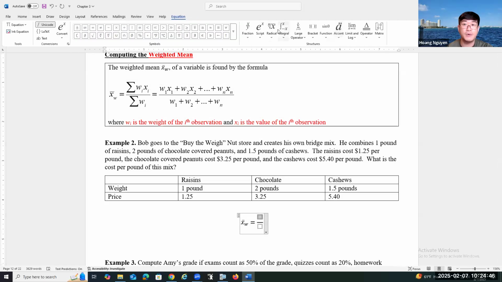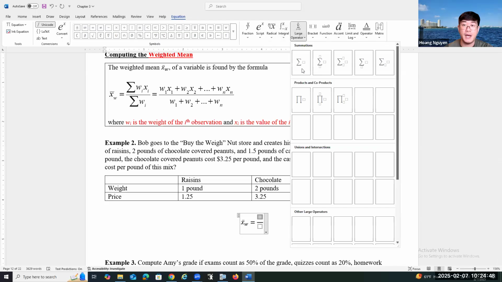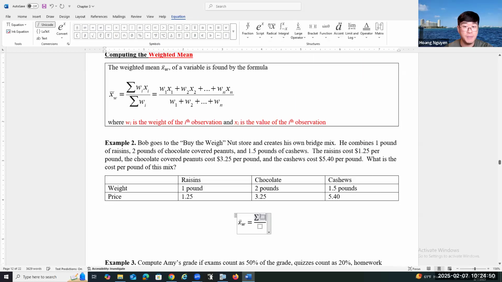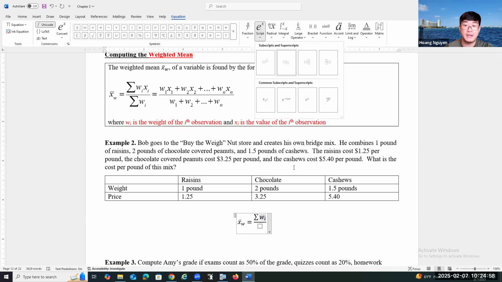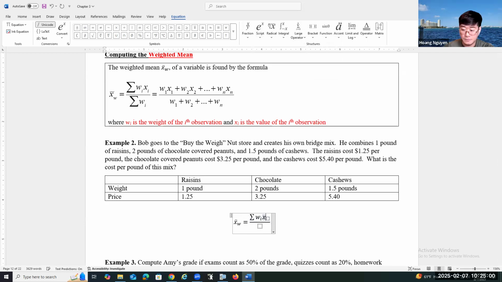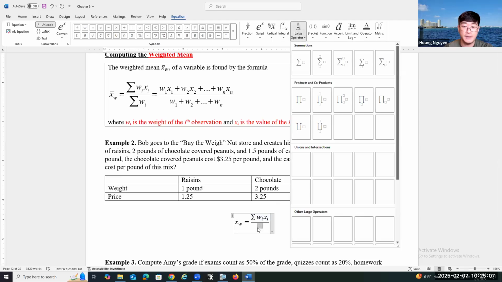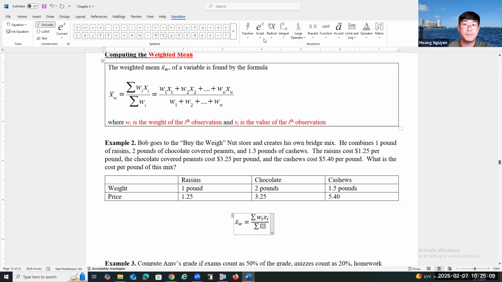On the numerator, we get the summation of wi times xi, divided by the summation of wi.